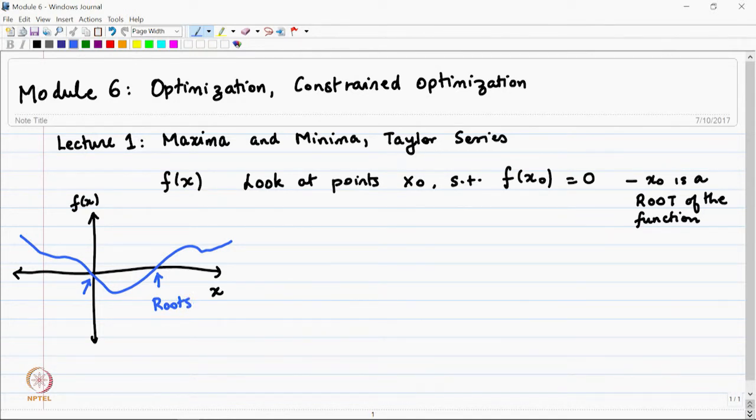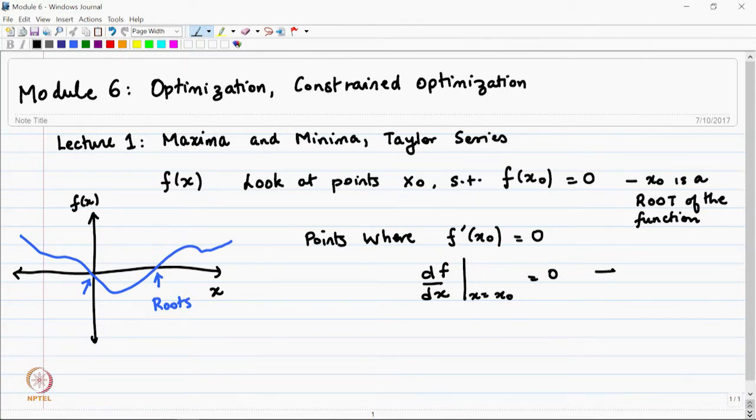Okay. Now, you could also look at points where f prime of x 0 equal to 0, that is, f prime of x 0 is df by dx evaluated at x equal to x 0, equal to 0.